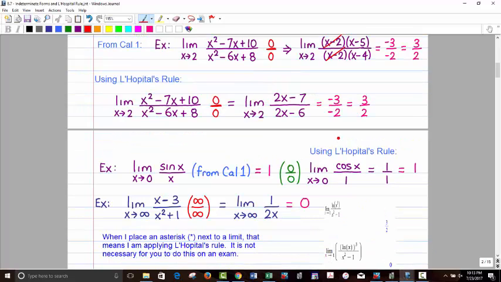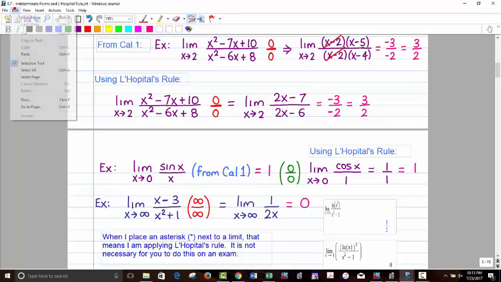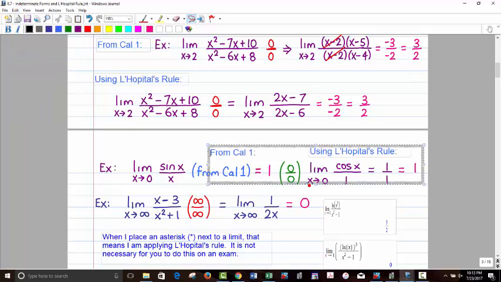Now, another thing from Cal 1 that you might have learned was the limit as x goes to 0 of sine of x over x. That is defined to be 1.